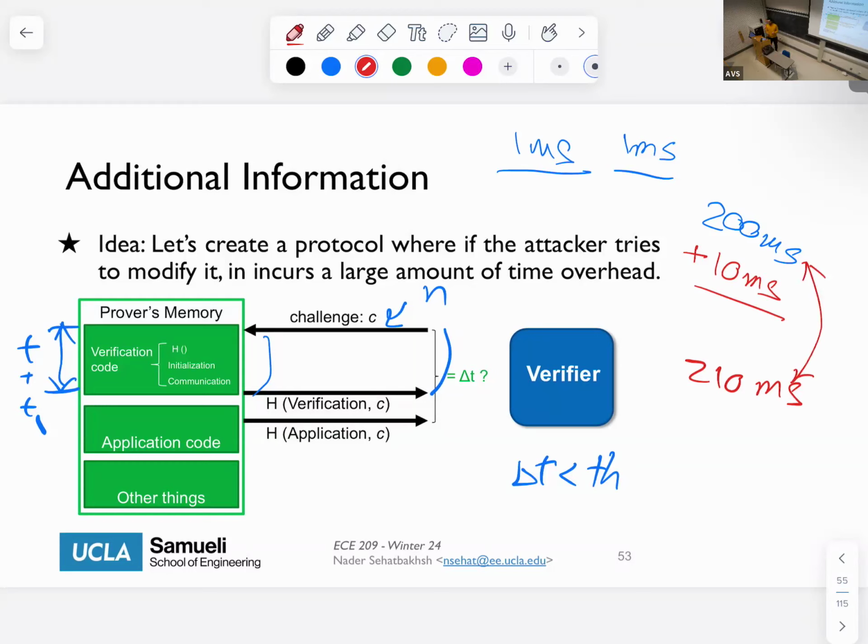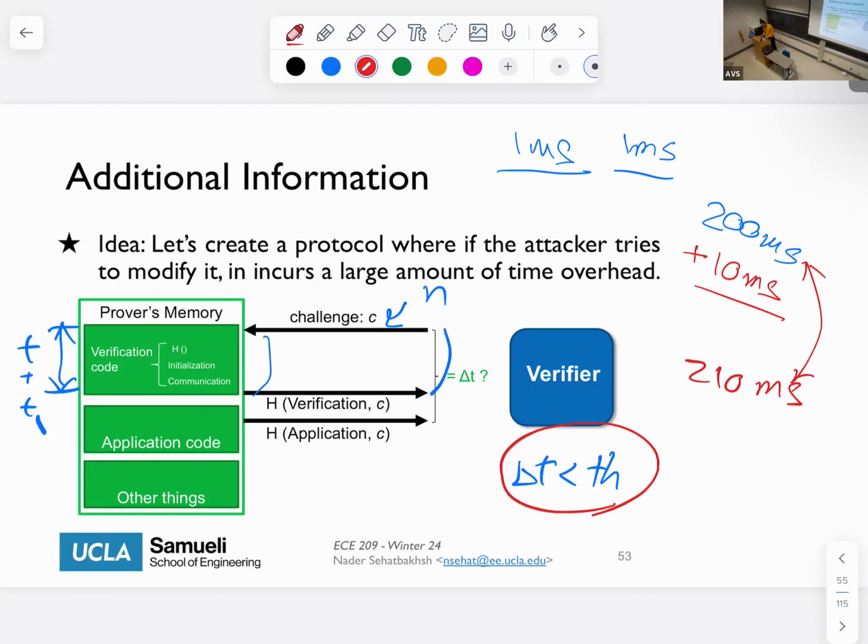And if I can design my system such that, first of all, I can measure the time correctly, and second of all, if the adversary wants to try something, they incur a large overhead, then this system will work, because essentially this time is extra evidence that the attestation has been followed correctly. Does that make sense? Any questions?